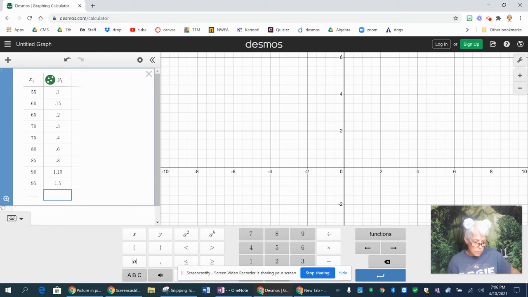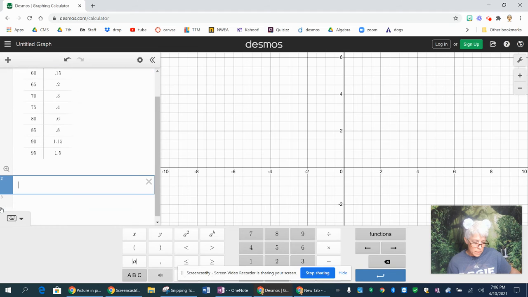Now I'm going to hit number 2 so that it gives me an opportunity to put the equation in. Here's what you're probably going to need to write on your formula chart. You hit Y, and remember, we're not going to hit the equal sign because we want to match up the table with the equation.